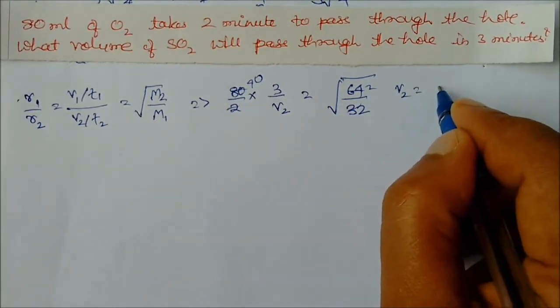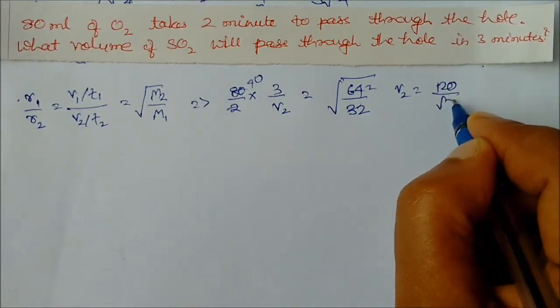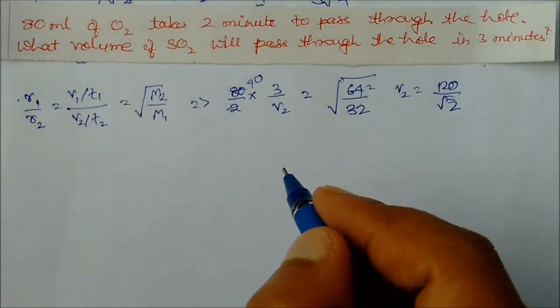So V2 will be 120 divided by root 2. This is the answer.